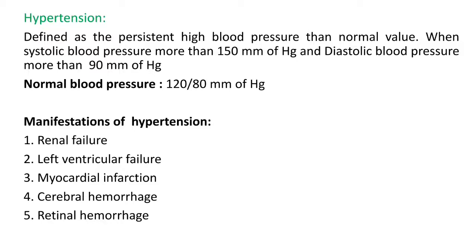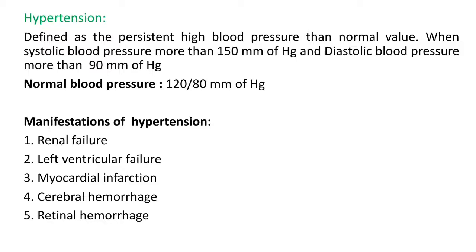So 120 is the systolic blood pressure, meaning when the ventricles contract, they pump the blood into the other parts. Whereas 80 is the diastolic blood pressure, meaning when the ventricles are dilated, they receive the blood. So with the 80 mm of Hg the blood is drawn into the heart.